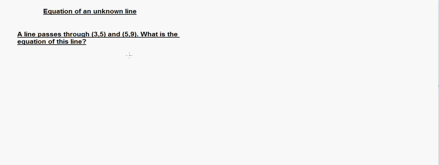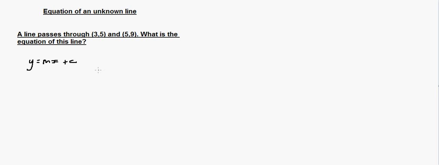So we have no graph, so we can't plot these points, so we have to find it out using what information we know. Well, we do know that y equals mx plus c.